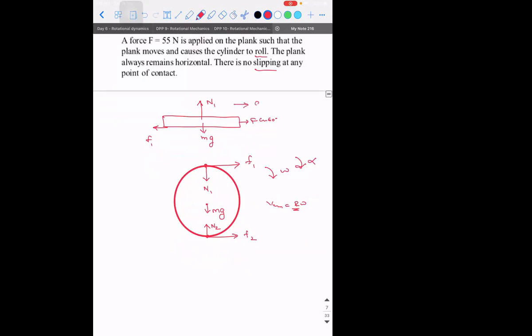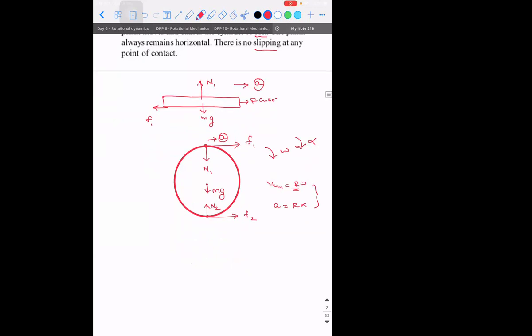If this is having an acceleration a, then this point also should have the same acceleration a, so that there is no relative acceleration existing between them. That is when slipping will not take place. So a is equal to r alpha. This is another parameter that I can apply. Correct? The tangential acceleration will be equal to r times the angular acceleration.